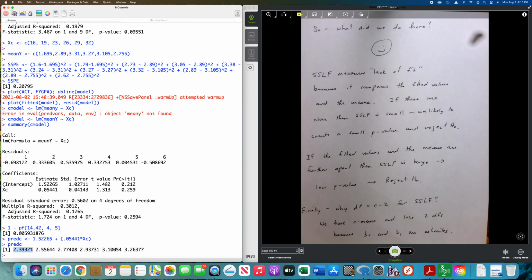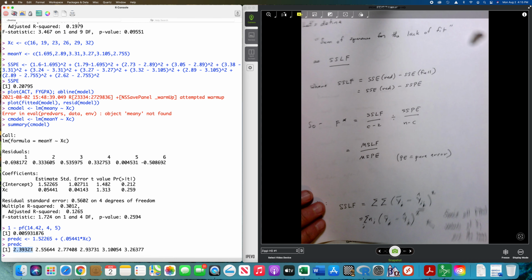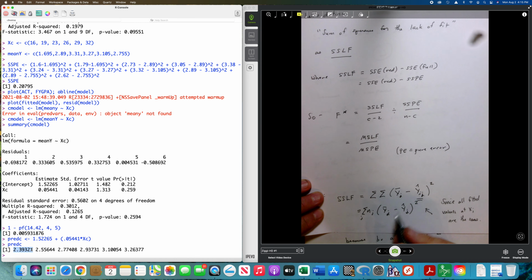This sum of squares lack of fit measures the lack of fit because it compares our fitted values and our means, right? So again, let me bring this back so we can get a visual. It compares these two values.